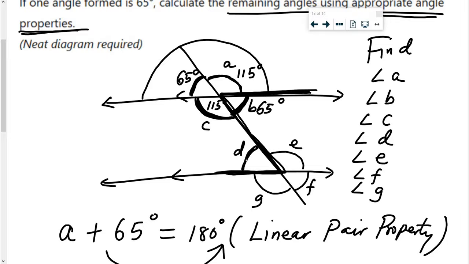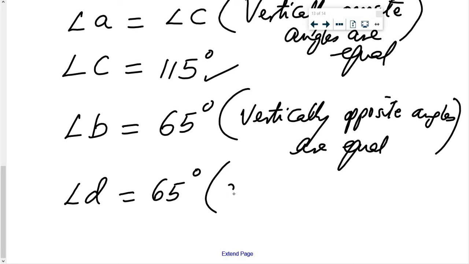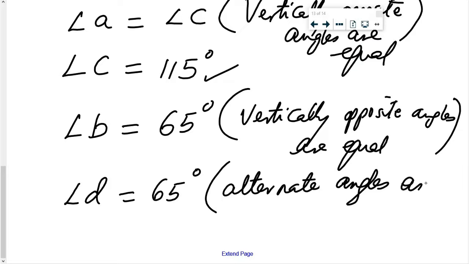So 65 here, D will be equal to 65 degrees. So here you're going to write angle D equals 65 degrees, and the angle property is alternate angles are equal. See that?